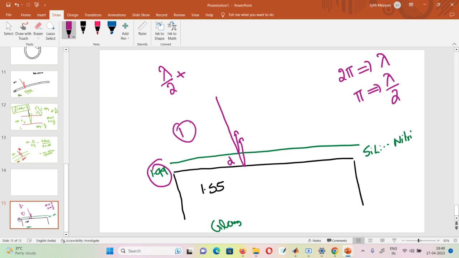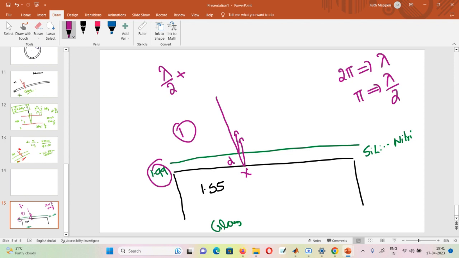But here the reflection is from 1.99 to 1.55, so there will not be any phase difference at that interface.